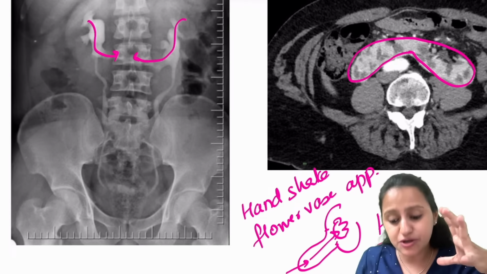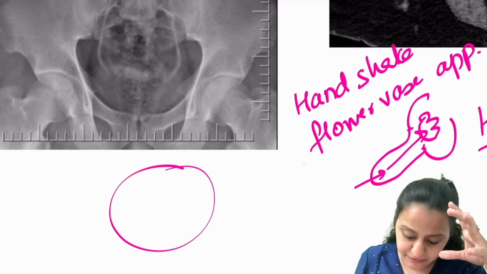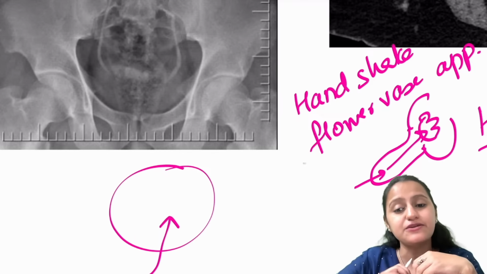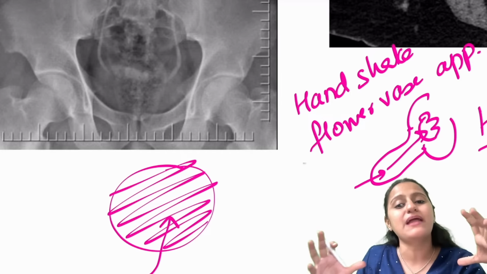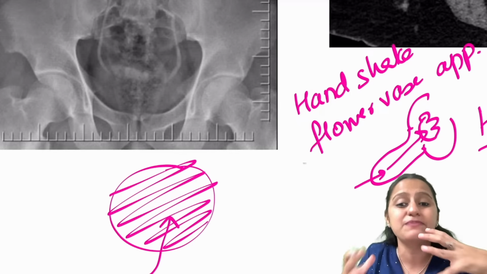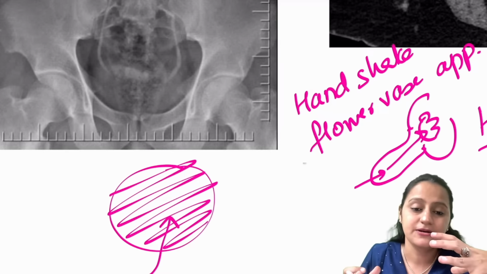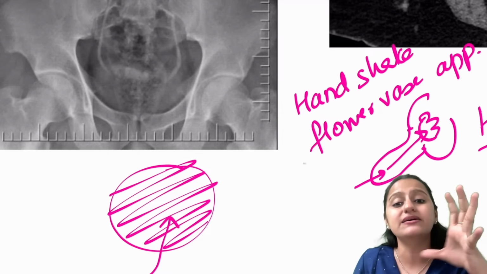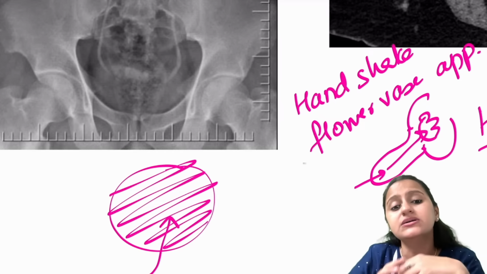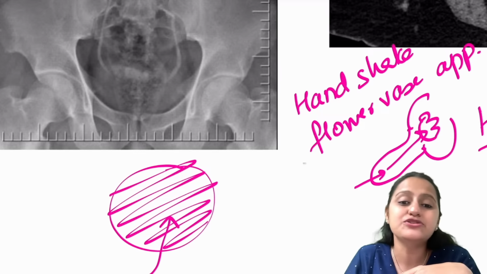But in MCU, what we do is we put the Foley's into the bladder itself and we fill the entire bladder with contrast so that the patient gets the urge to micturate. So in RGU, there will be only some contrast that you would see in the bladder. In MCU, it's going to be the entire bladder that's going to be filled up.